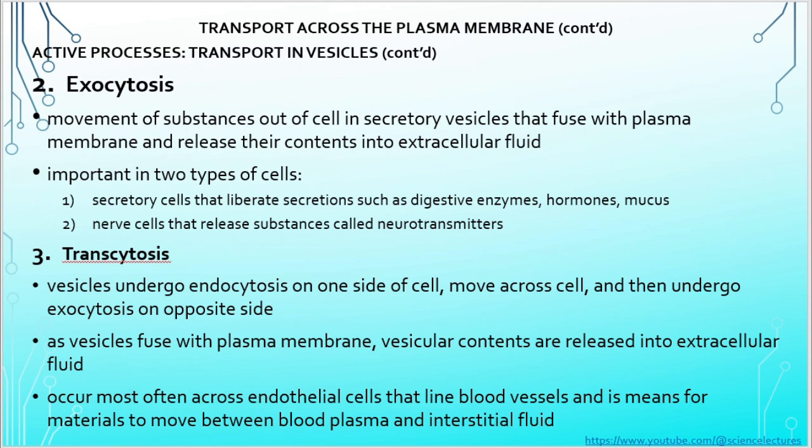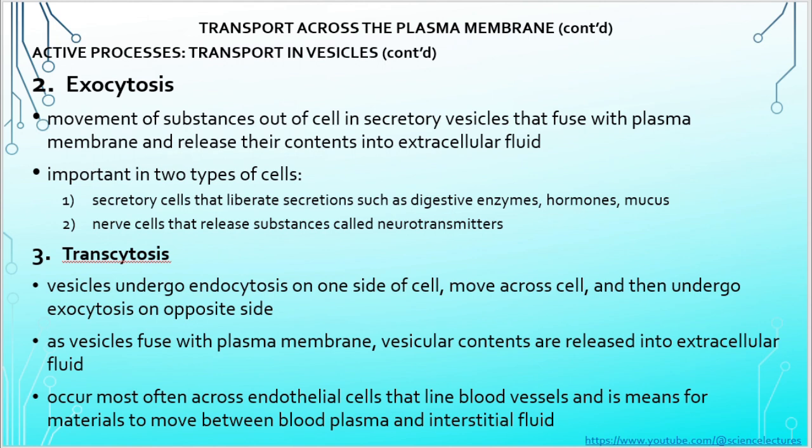In this active process, vesicles undergo endocytosis on one side of the cell, move across the cell, and then undergo exocytosis on the opposite side. As the vesicles fuse with the plasma membrane, the vesicular contents are released into the ECF.